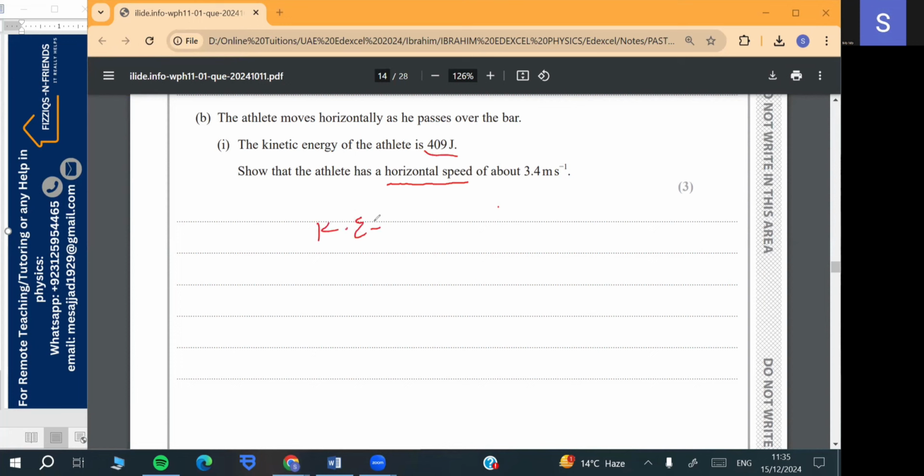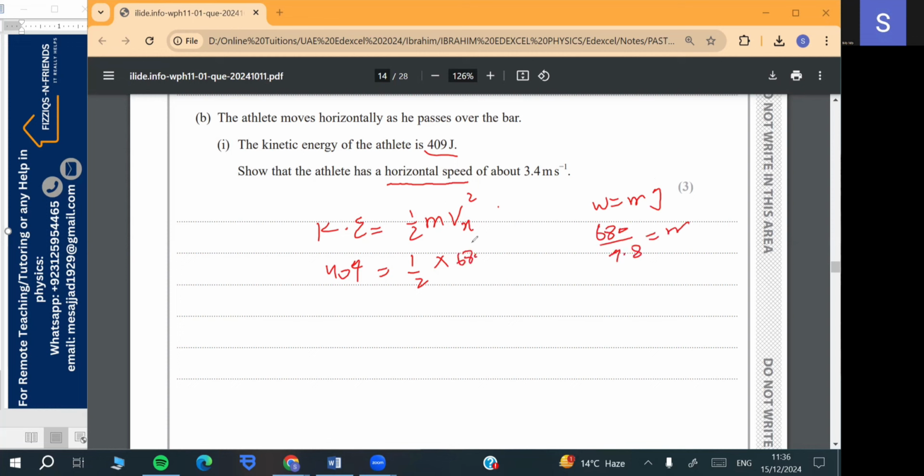So pretty straightforward. Kinetic energy is equal to half m vx squared because it is horizontal speed. Now you can put the value for the kinetic energy here to be equal to 409, half. What's the mass of the athlete? The weight was 680 newtons, right? So we can convert weight into mass by 680 newtons over 9.8 equals mass.